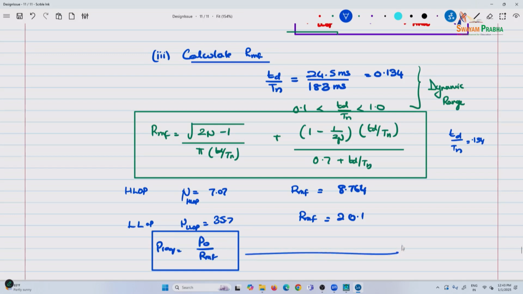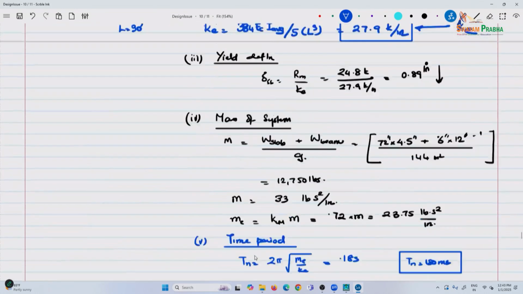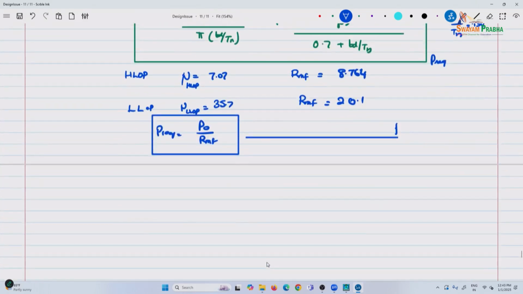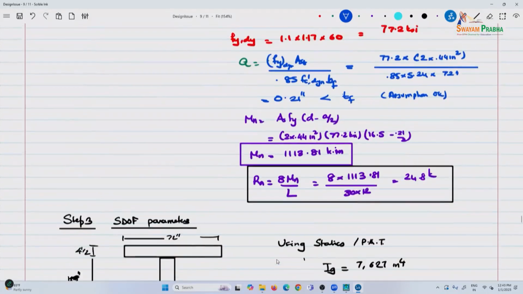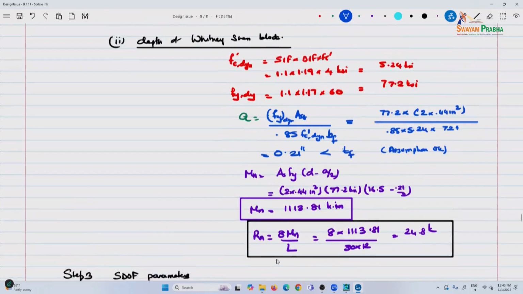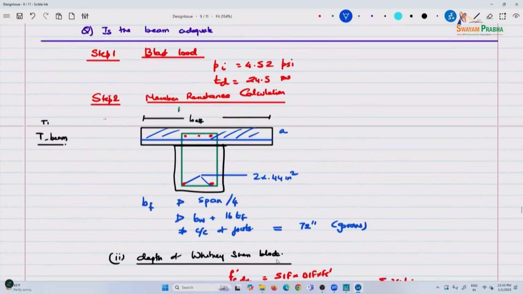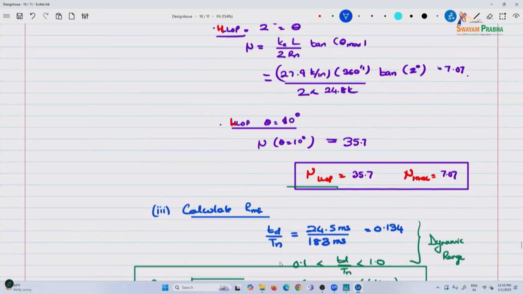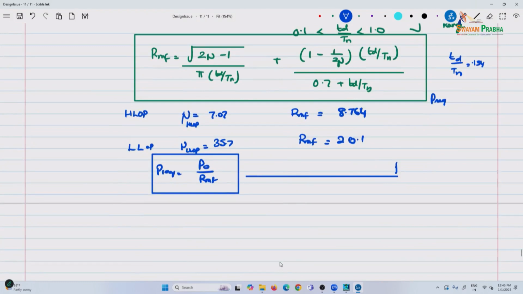So P required is 100 and how much did we say, 116, right, was the applied load. What was the applied load? I know we did calculate it somewhere. Or didn't I show it? Okay, maybe I forgot to put that.